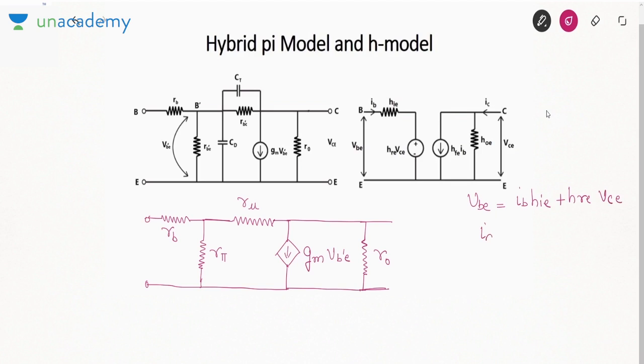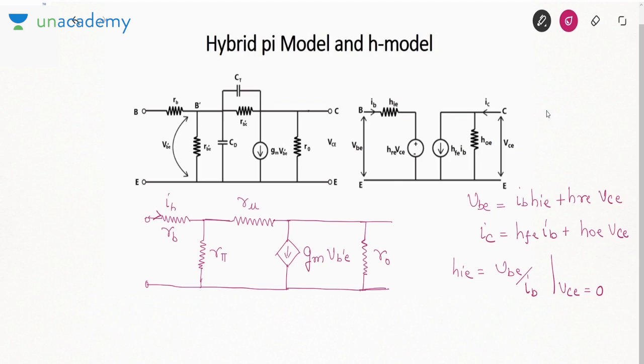Then we say IC is hfe IB plus hoe VCE. So what I can say is hie is nothing but VBE upon IB when VCE equal to 0.